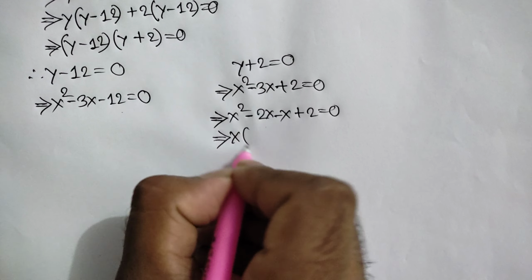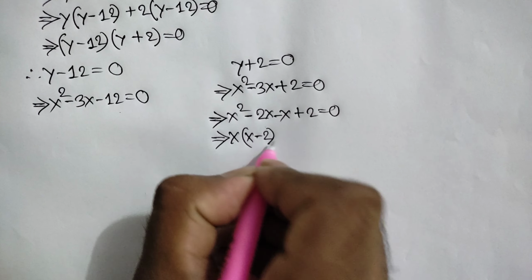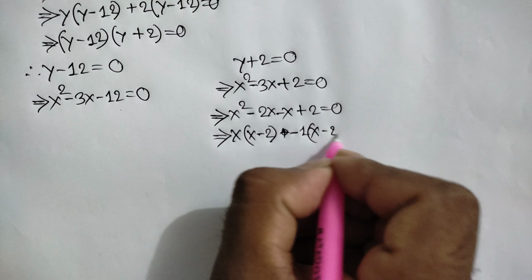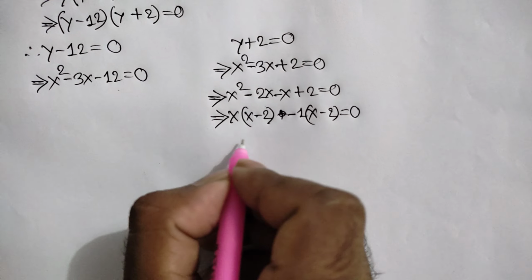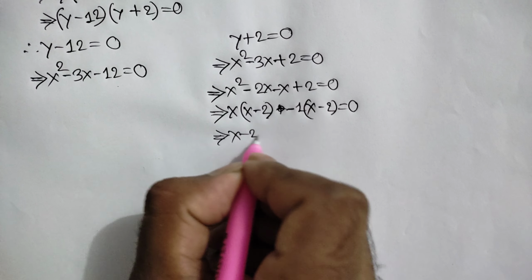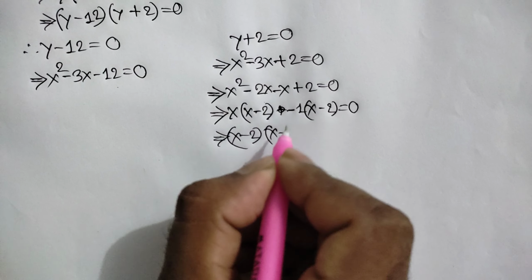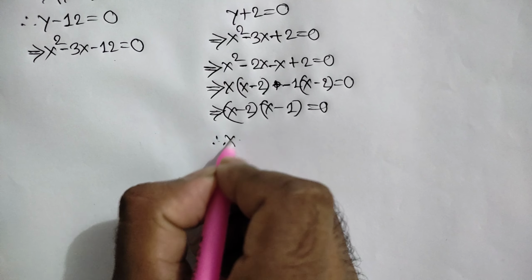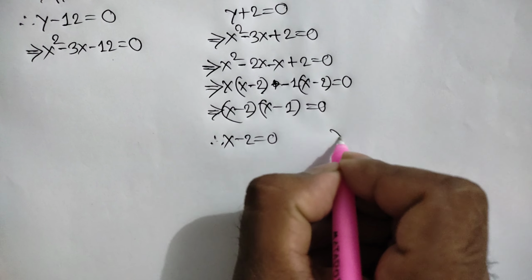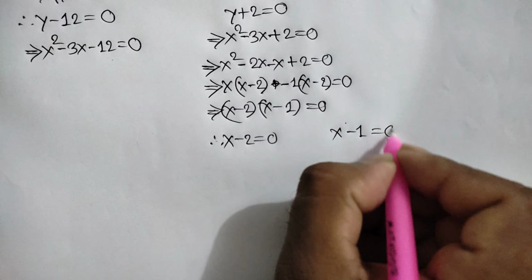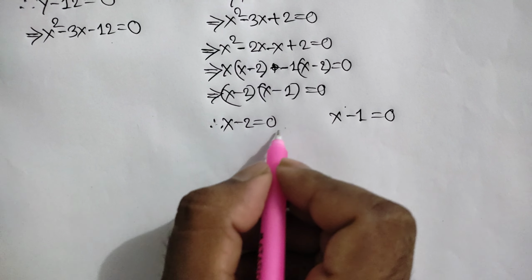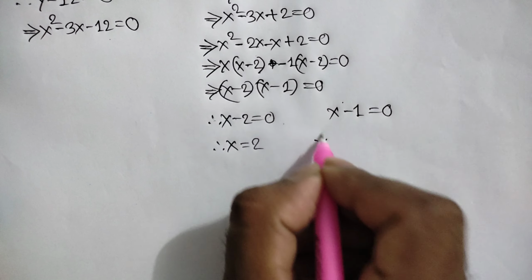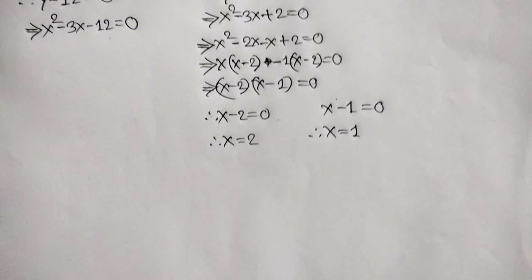Taking common x, we get x times x minus 2, and taking common negative 1, we get negative 1 times x minus 2 is equal to 0. Now taking common x minus 2, we get x minus 2 times x minus 1 is equal to 0. So x minus 2 is equal to 0 and x minus 1 is equal to 0. Now taking this negative 2 to the right side, we get the value of x is equal to 2, and here we get x is equal to 1.